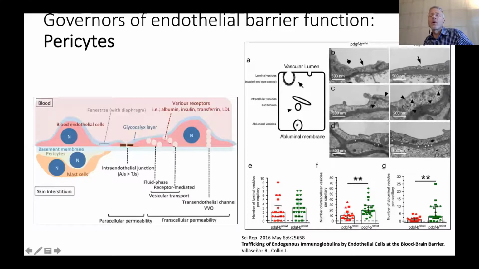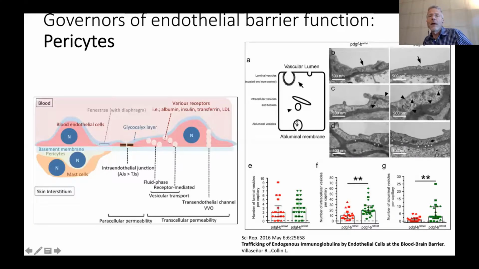These are electron micrographs of a normal mouse. And you can see this is the pericyte, this is the endothelial cell. And the arrows point to 3 kinds of vessels or vesicles. One is at the vascular lumen, so this is the blood, and at the vascular lumen there are these sorts of vesicles. Then within the cells, there are vesicles.